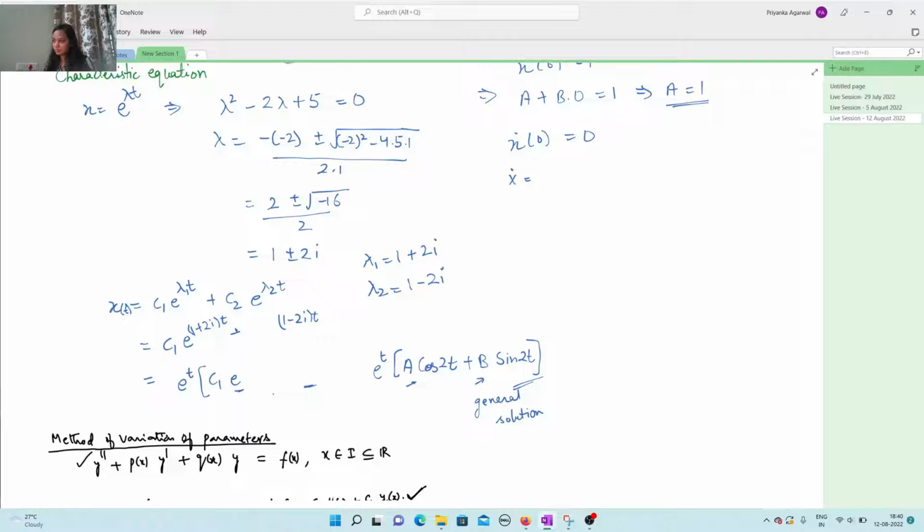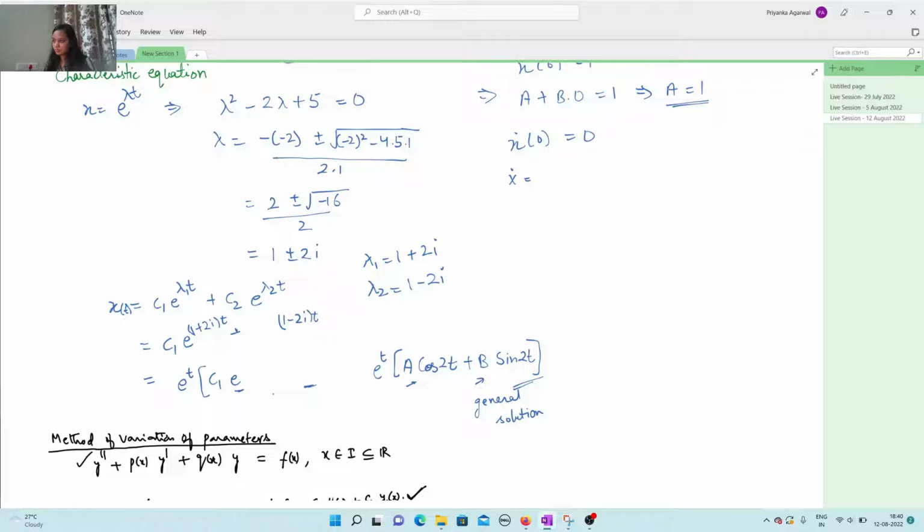We differentiate and consider that this term is 0, and then substitute the values of yp, yp dash and yp double dash in the original non-homogeneous equation of second order, and when we solve further we get this, that c1 dash y1 dash plus c2 dash y2 dash equals f of x, and this can be written in the matrix form like this.